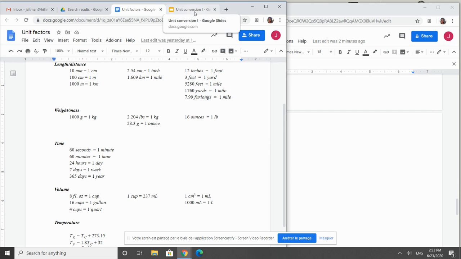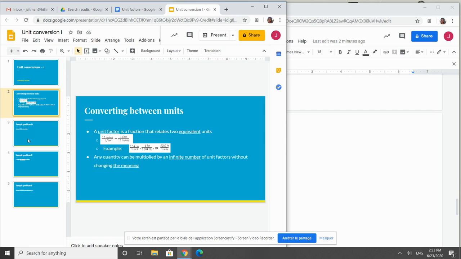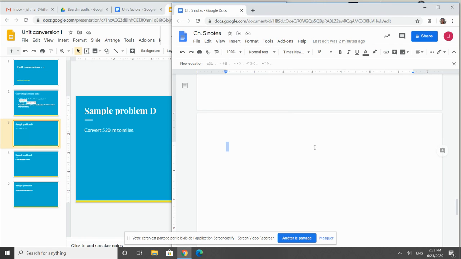So the best way to learn how to do these is really just to do a problem. So the question says to convert 520 meters into miles. So the first thing that I am going to do before I even start the problem is look at my sheet of unit factors and see if there is anything that relates meters to miles.